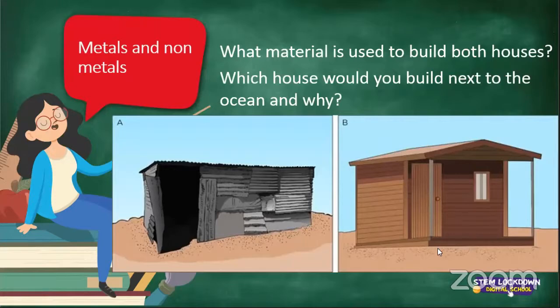Okay, so picture A, if you built it near the ocean, is going to rust quickly because there's lots of moisture in the air, as opposed to picture B. So one of the properties of this tin metal is that when it is exposed to moisture, it rusts very quickly.